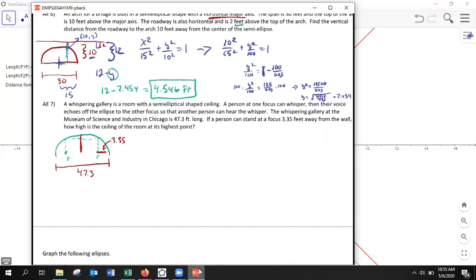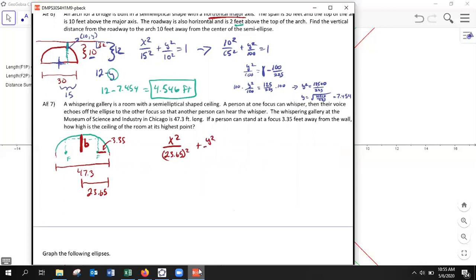elliptical. So if we look at the anatomy of the ellipse, what does this mean? Our goal is to find that b value. So what is a? A is going to be half this distance. So half of 47.3. 47.3 cut in half is 23.65. And because I made this a horizontal orientation, this is x squared over 23.65 squared.